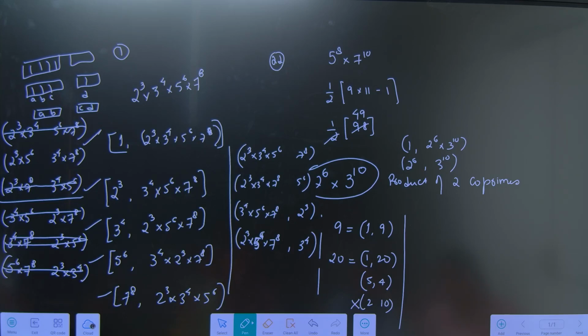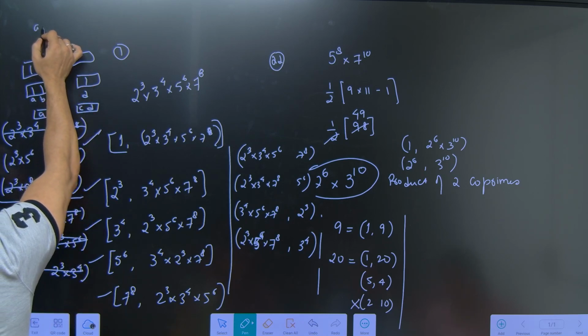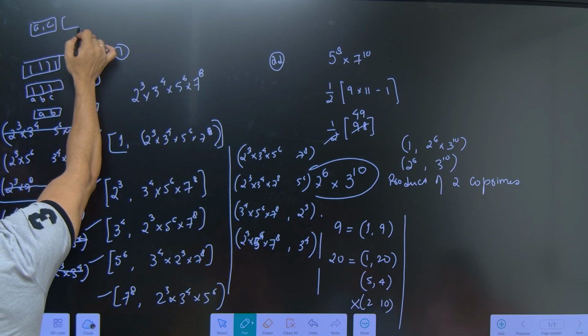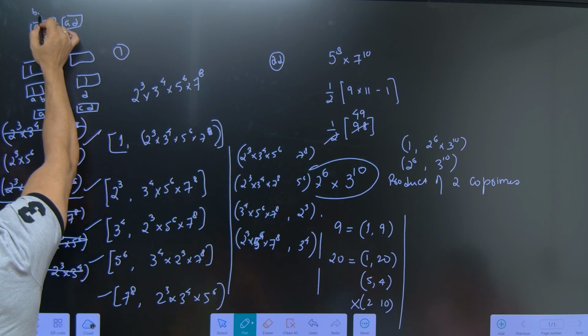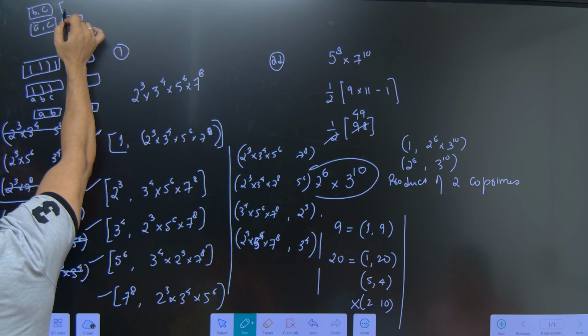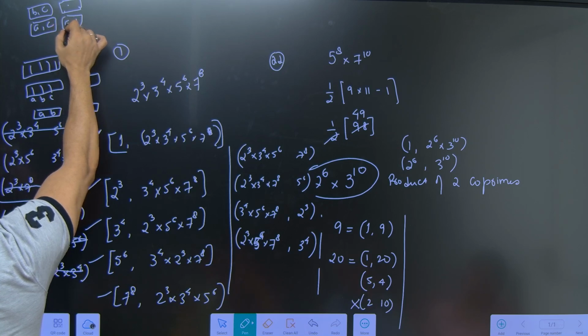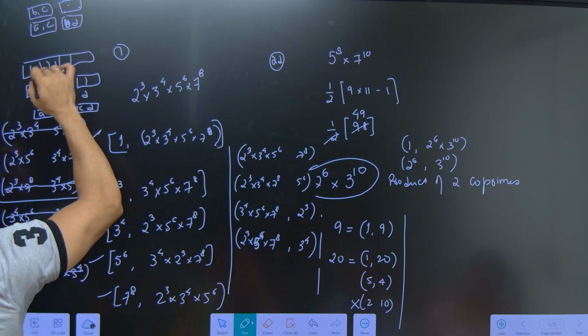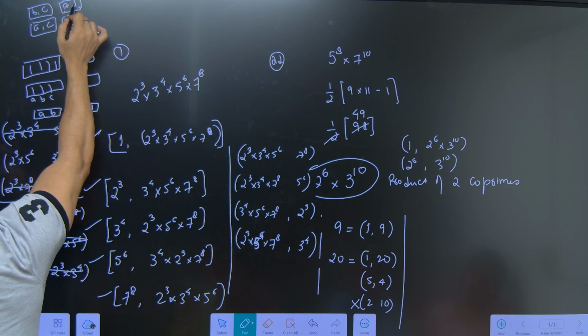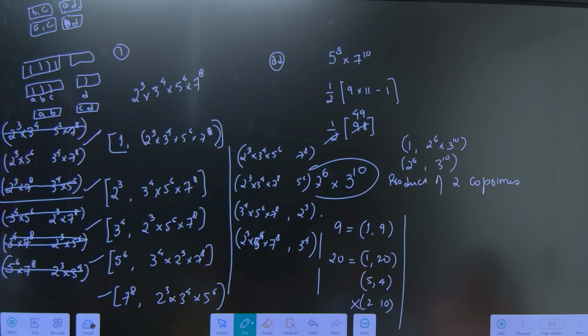AC, AD and BC, BD. The possible combinations are AC, AD, BC. How many are left? No, AC and this is BD, right? BC and BD. BC and BD, right?